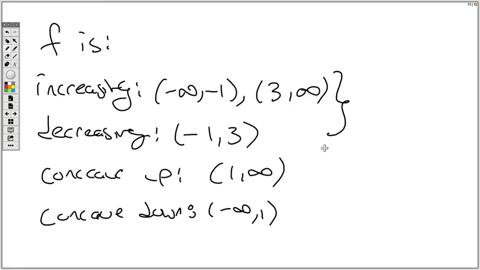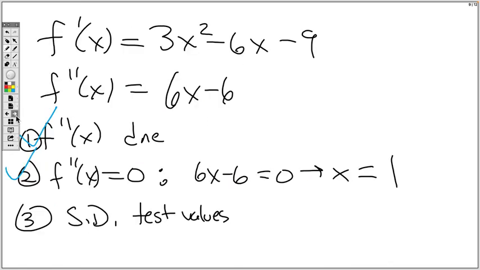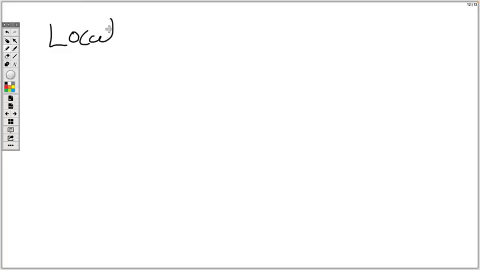Now, from the increasing and decreasing bit, we picked up some local extrema, right? We went from increasing to decreasing and decreasing to increasing. So let's record those. Local extrema.